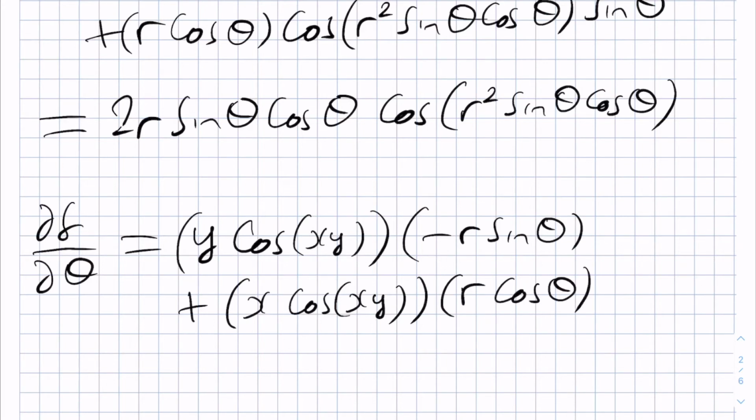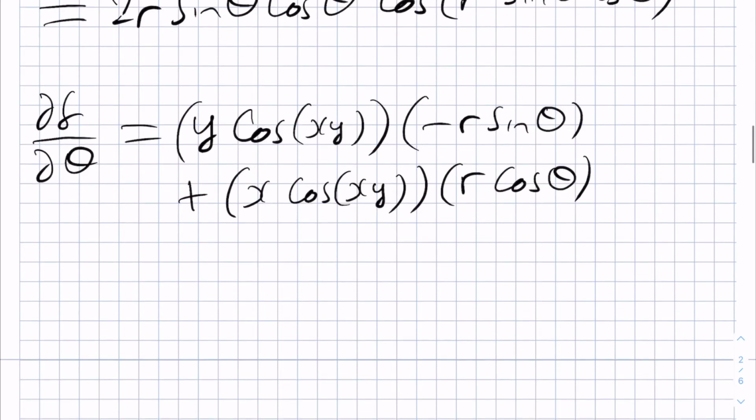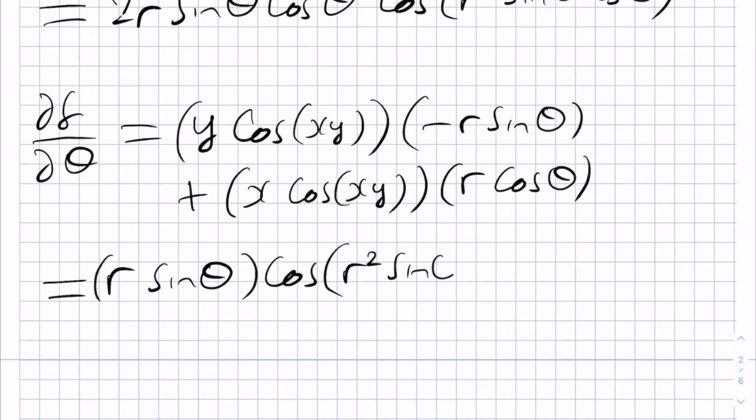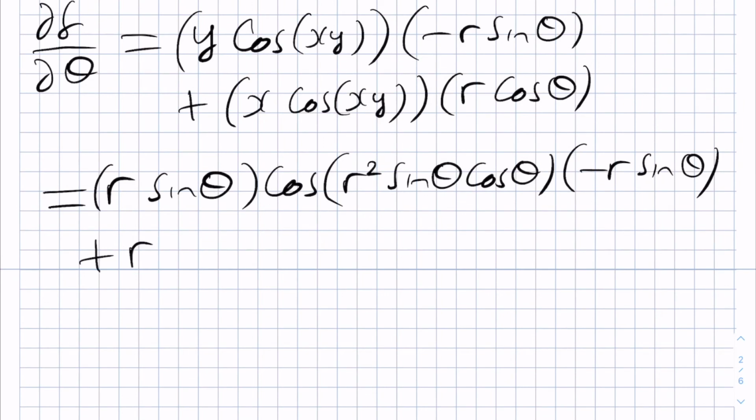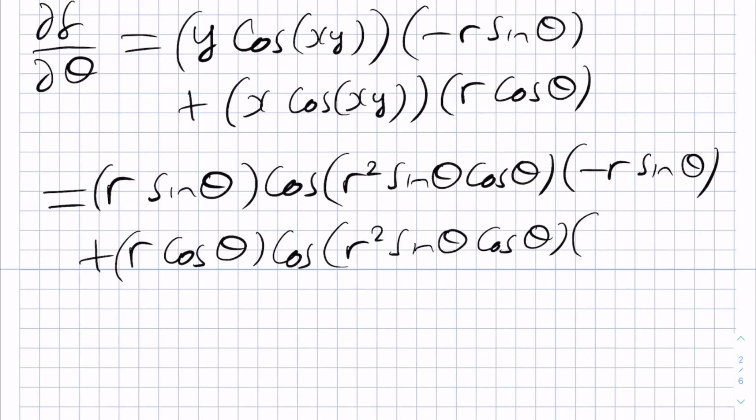Again, substituting in x and y in terms of r and θ so that we can check against the other method later, we get r sin θ cos of r squared sin θ cos θ and then minus r sin θ plus r cos θ cos of r squared sin θ cos θ and then r cos θ.